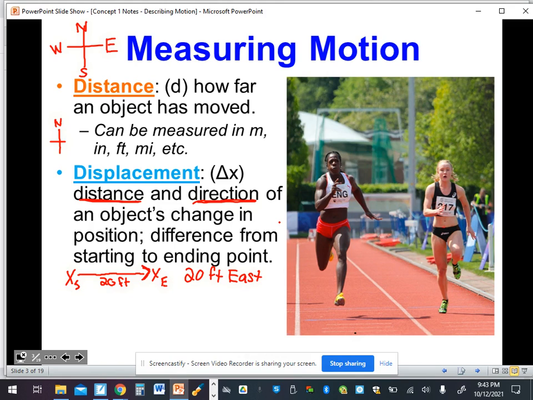That is how far I am from where I started to where I ended. And it's my direction as well. I'm 20 feet east of my starting spot. Okay? Because 20 feet, you could be 20 feet north, 20 feet south, 20 feet west, and each one would be in a different spot. So that's why when we use displacement, it helps to kind of orientate us.